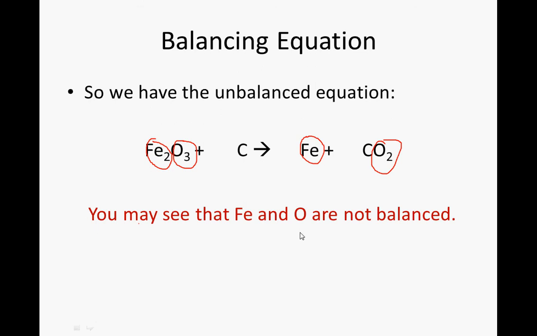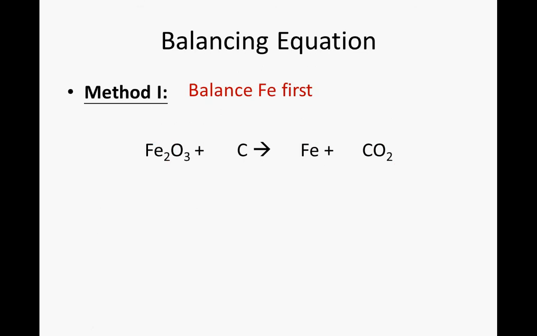So the first method that I suggest is that maybe we can try to balance iron first. On the left hand side, 2 iron. On the right hand side, 1 iron. So we can just add 2 here in order to balance iron. Now iron has already been balanced. So in the next step, we should not alter these 2 terms anymore because they are already balanced for iron.